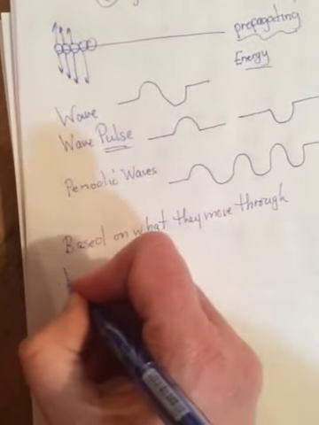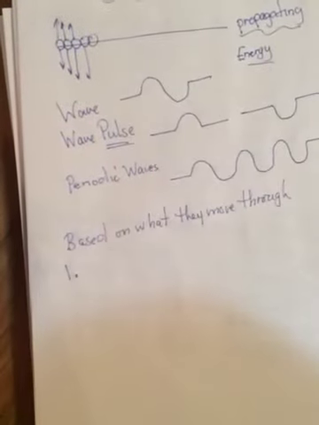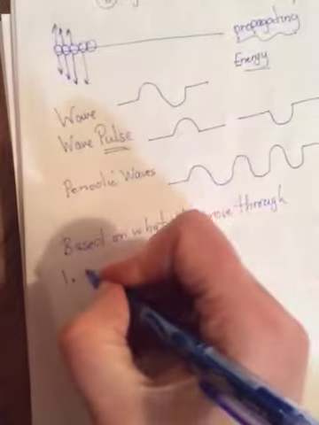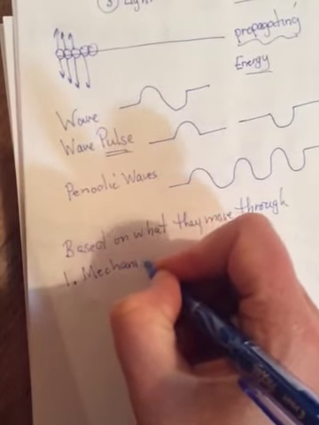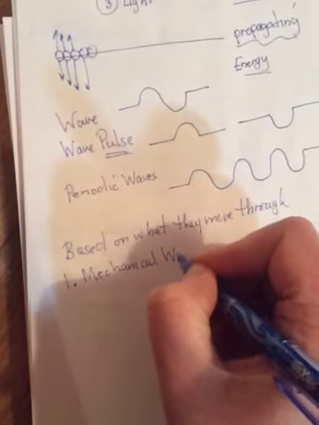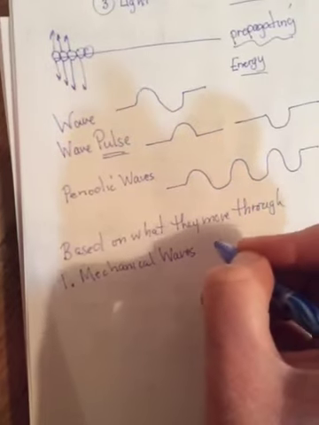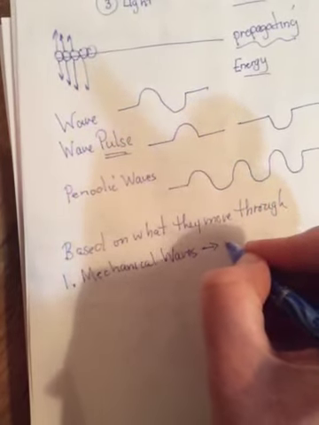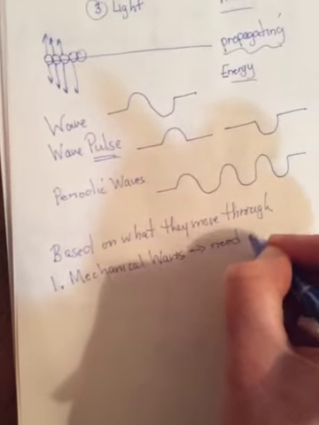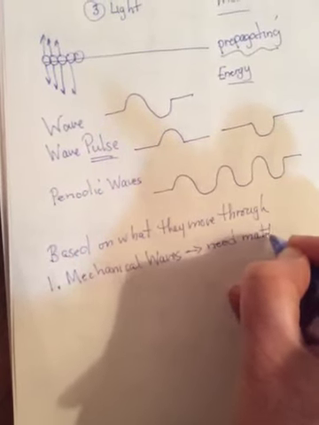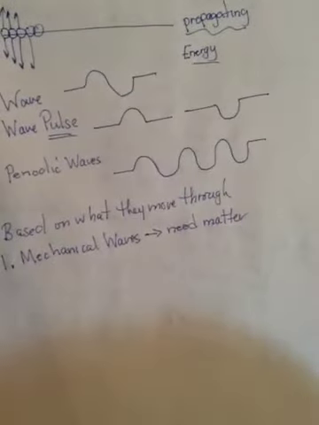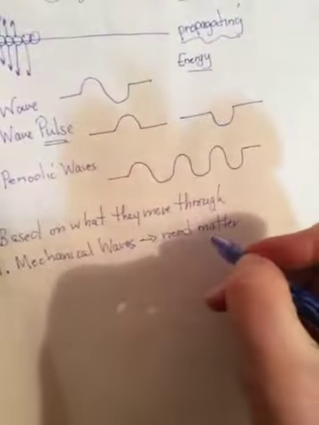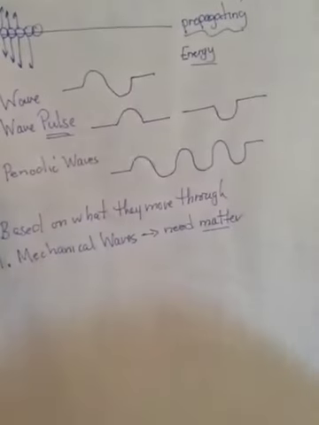So the first one in this categorization is called mechanical waves. And these are waves that need matter to move. They cannot travel in a vacuum, in empty space. They can only travel if there's matter there.